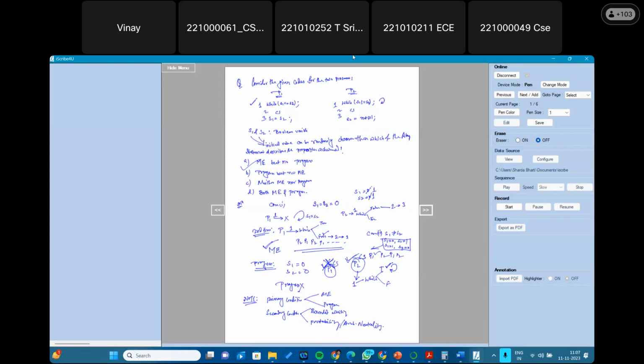Instead of using a single variable, we use the flag variable or flag array, which helps so that if there is no willingness of a process, then the willing process will enter its critical section without depending on the other process, right?